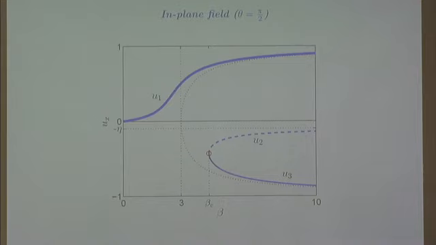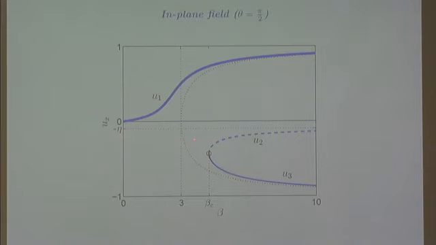So what happens is that if theta is the angle that the magnetic field makes with the layer normal, when the field is in plane, then you see that the bifurcation diagram gets perturbed. The two branches, which were perfectly symmetric, become asymmetric, and this is sometimes called an imperfect bifurcation.